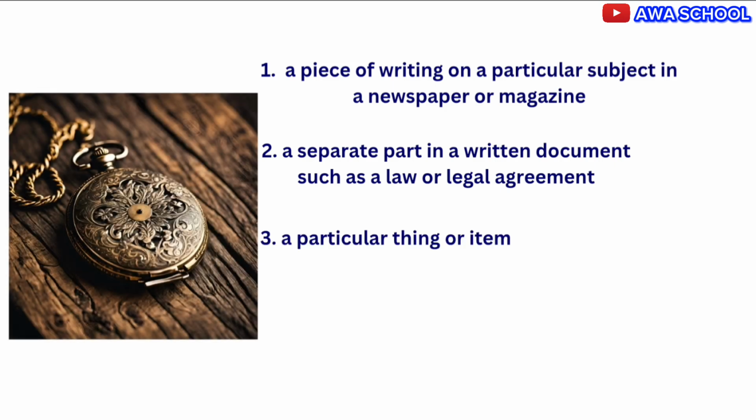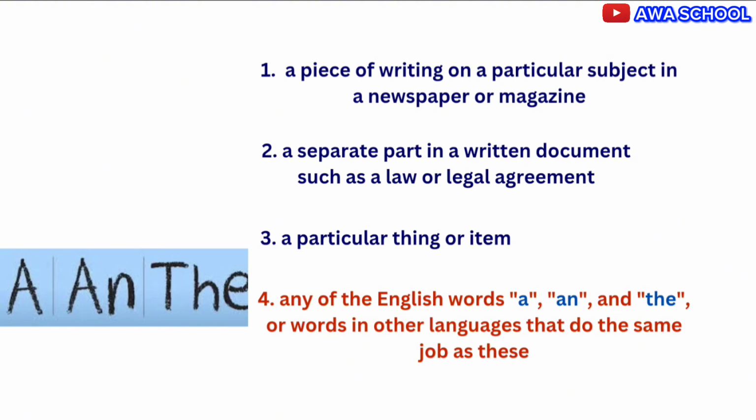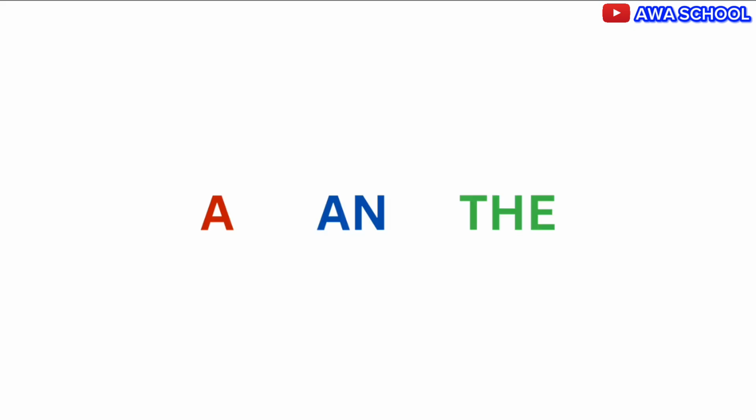A particular thing or an item. 4. Any of the English words a, an, and the, or words in other languages that do the same as these. For us, we are interested in the last meaning of articles, that is a, an, and the.